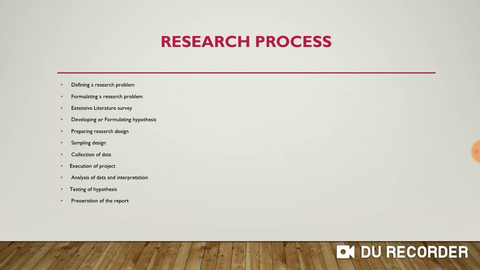Defining and formulating the research problem enables the researcher to understand the objectives of the study. The determination of objectives is also based on the research problem. So there is a need to formulate an accurate research problem on which the researcher is going to study. Once the research problem has been formulated, he needs to undertake an extensive literature survey. Whatever problem the researcher has identified, he is required to collect various types of literature which are related to the research problem.